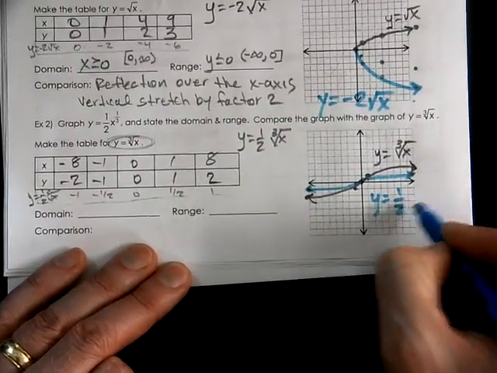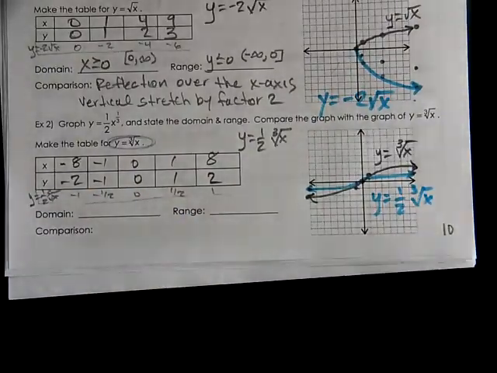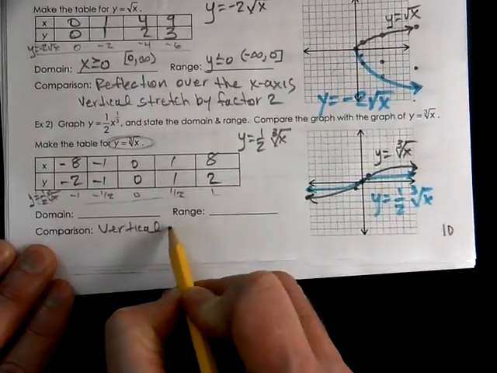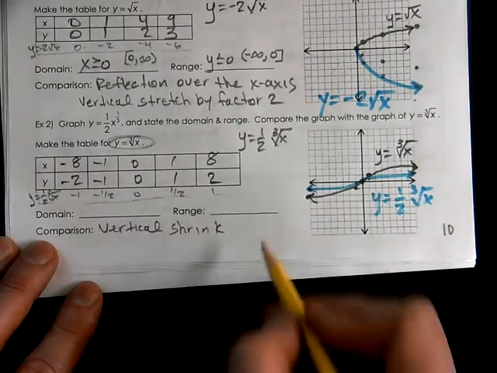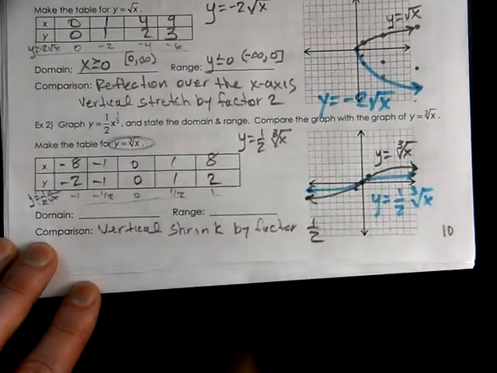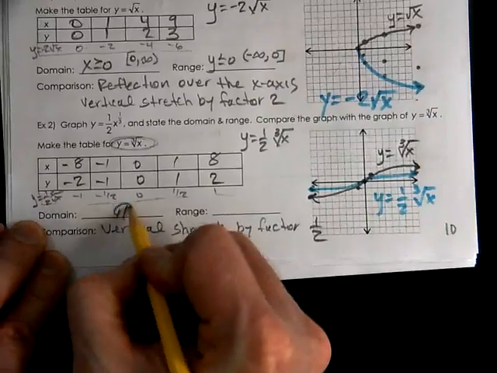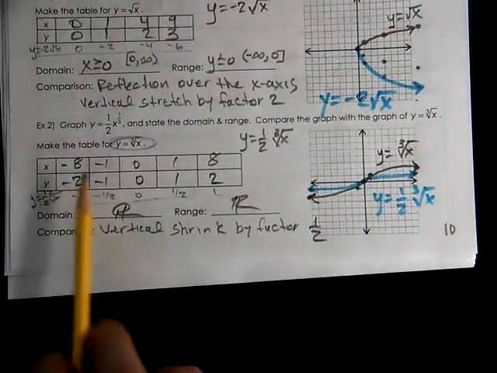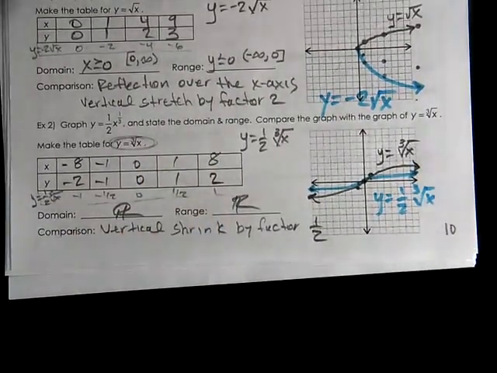So this is 1/2 the cube root of x. So you see that this has a vertical shrink. There is no reflection. Vertical shrink by factor of 1/2. Your domain and range will always be all real numbers. You can plug in any x value and you can actually get any type of result.